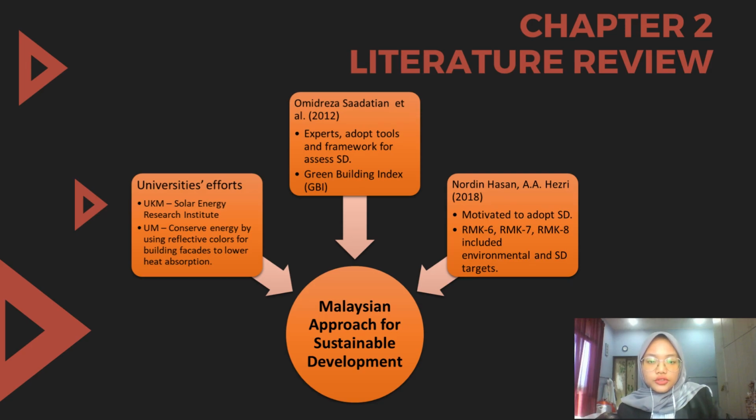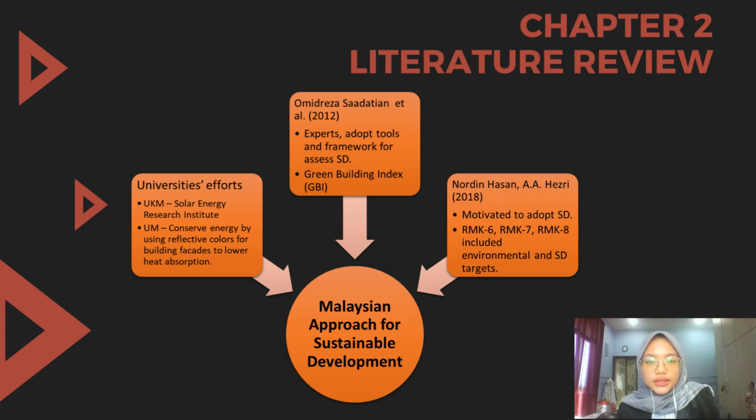Okay, so for the formulation approach for sustainable development, a research by Nordin Hassan and Hazri found that Malaysia is motivated to adopt SD, and based on RMK 6, RMK 7 and RMK 8, they had included environmental and SD targets. The second reference is by Omid Reza. The experts and policymakers have adopted tools and frameworks to assess SD.